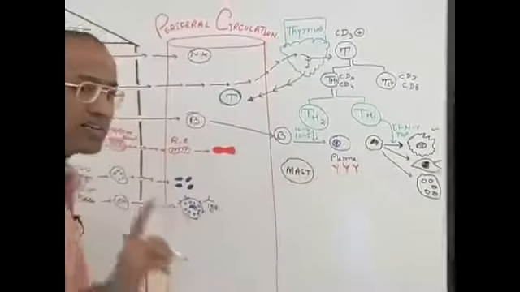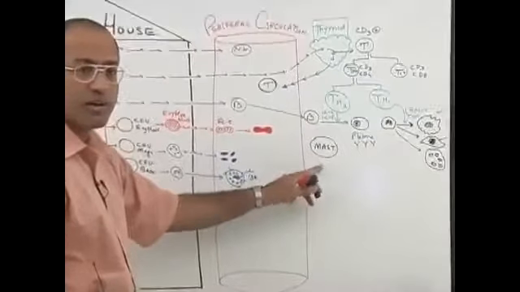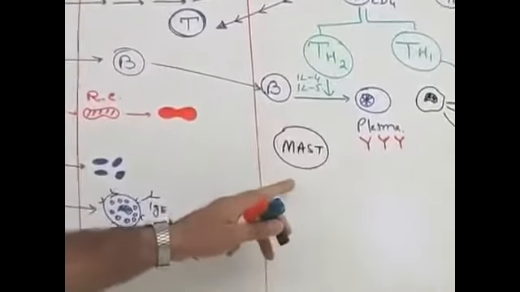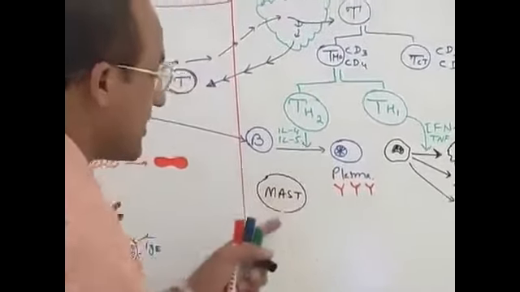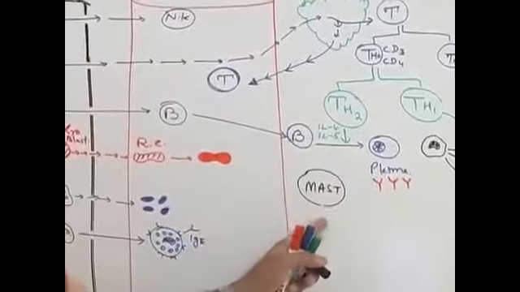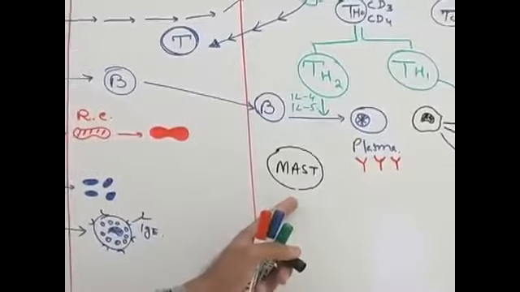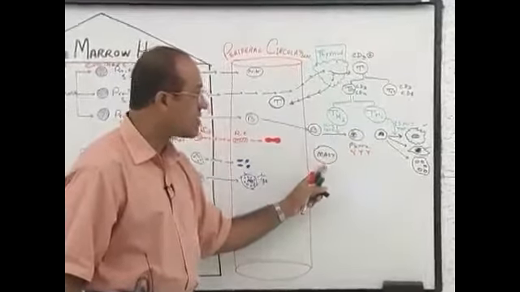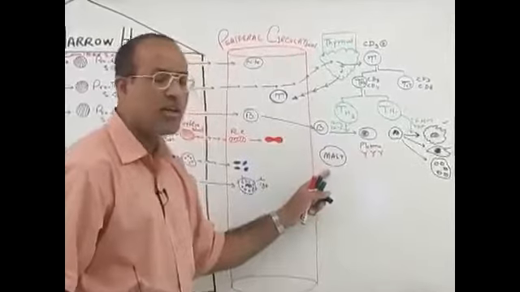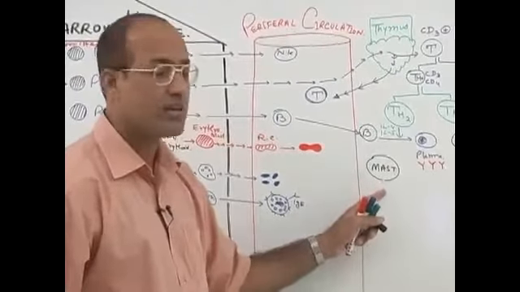Mast cells. Mast cells are also derivative of bone marrow, right? And these mast cells are present in all the connective tissue in the body, and are specially concentrated under the skin, under the mucosal linings, and in the connective tissue around the blood vessels and around the neurons.